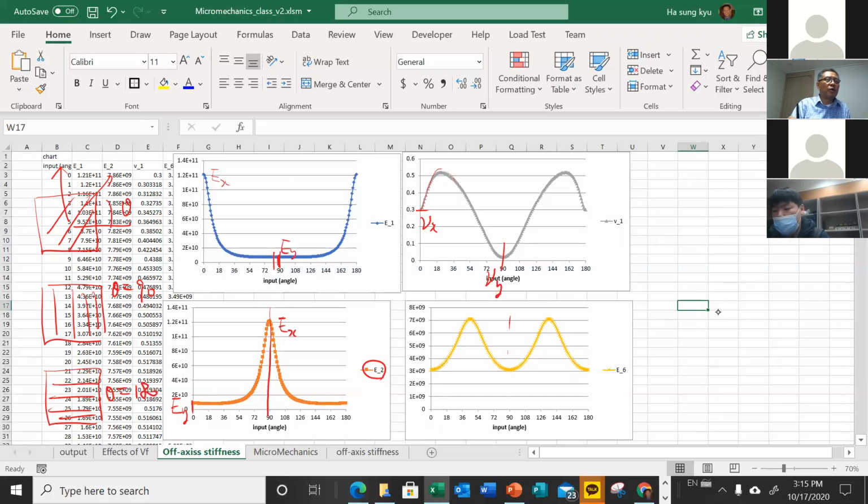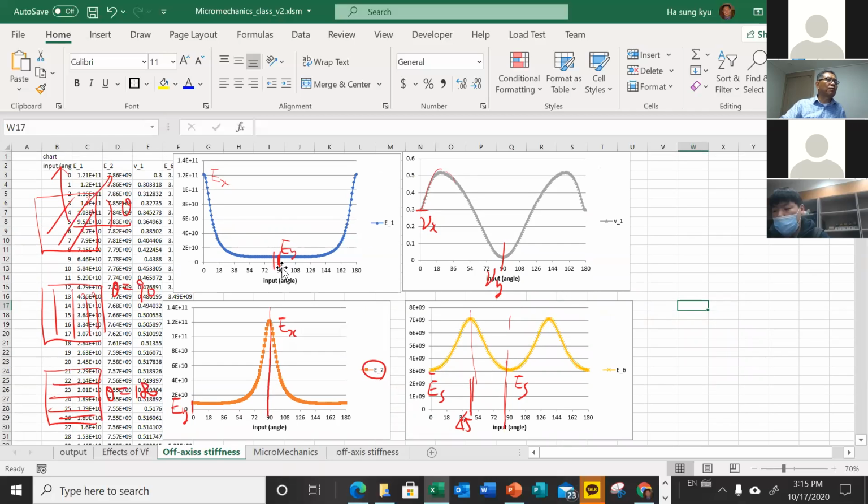And shear modulus wise, this is ES, reaching the maximum at 45 and back to ES. Okay, so this is a very interesting, obvious observation, but a very important observation.